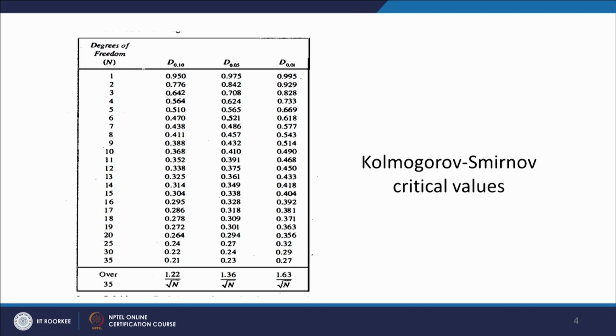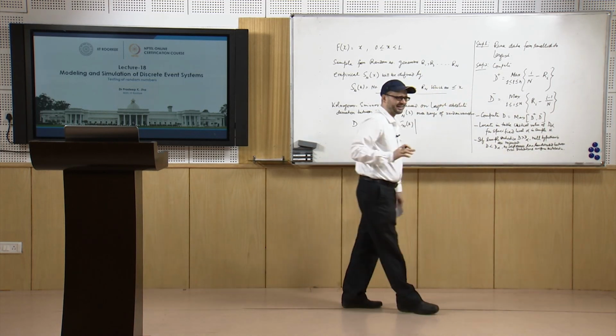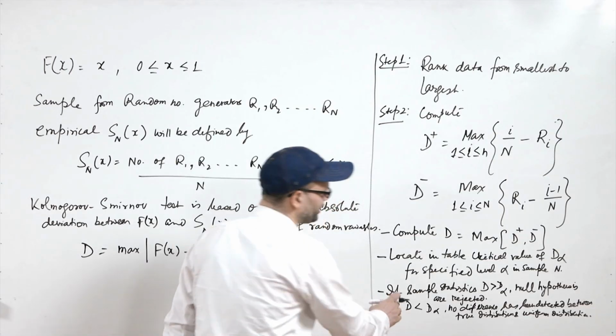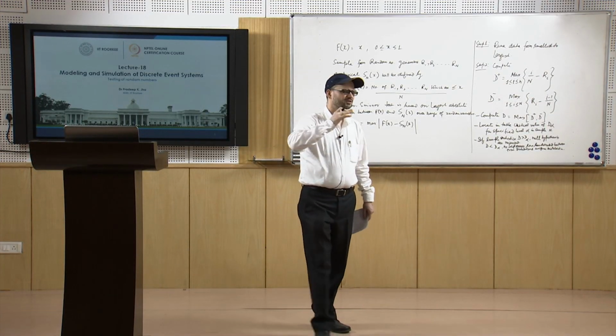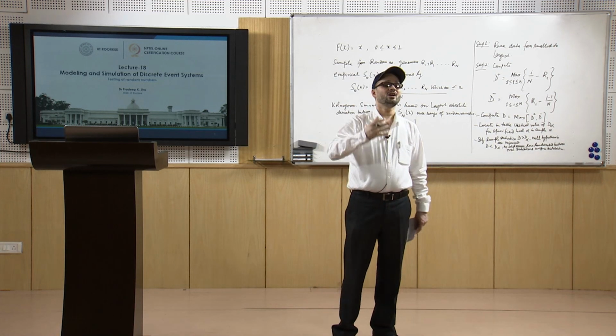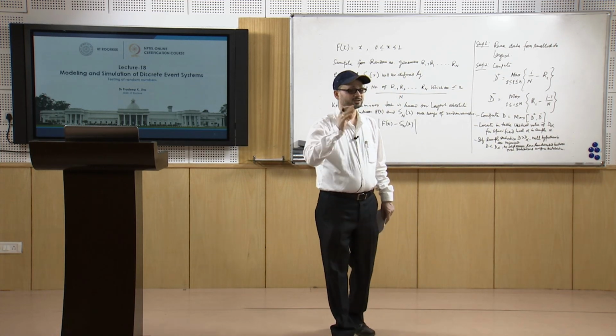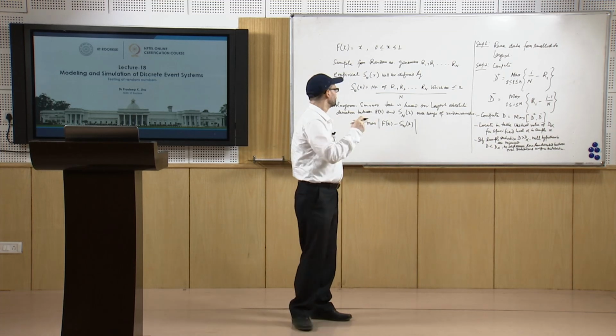So, for that alpha you are going to see the value. Suppose alpha is 0.05, so for 10 it will be against 9.432, or for 5 samples it will be against 4.624, like that, and this d alpha should be more than d. If d is less than d alpha, we say that there is no concrete evidence that it is not uniformly distributed. So, it is basically said to be uniformly distributed.